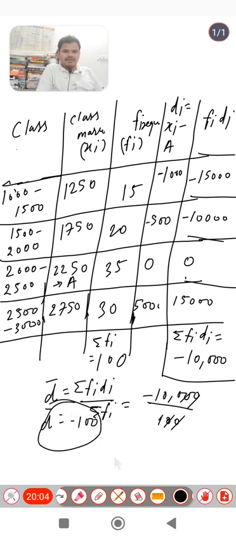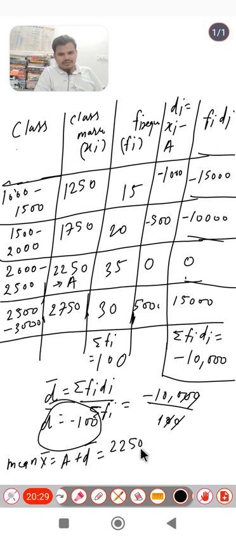Now again we have to calculate the mean by using the formula x bar is equal to a plus d bar. The value of a is 2250, plus d bar, which is minus 100.